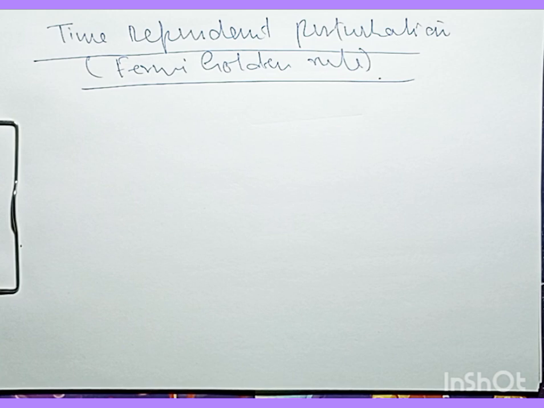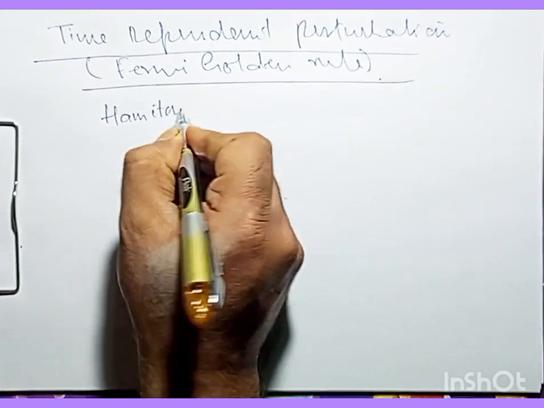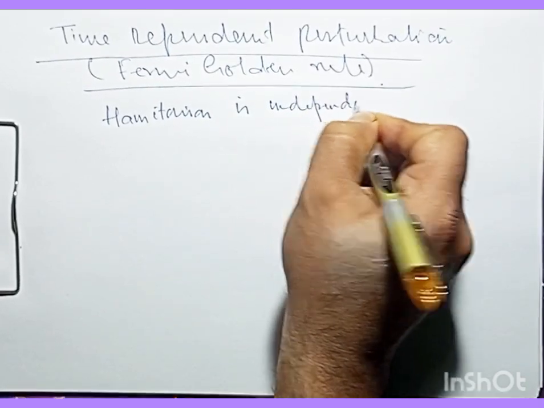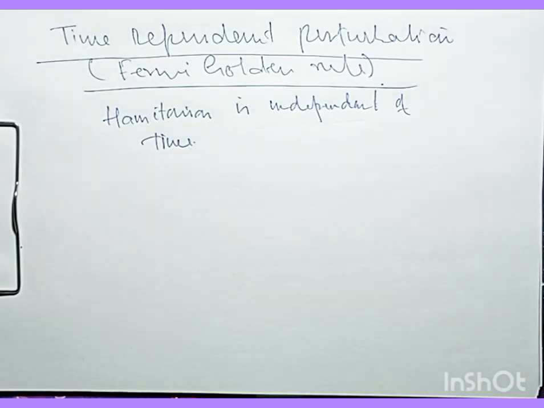Now, as we know, the time-independent perturbation theory, which was developed by Schrödinger, applies only for isolated systems, for which the Hamiltonian is independent of time. So this is our time-independent perturbation theory.